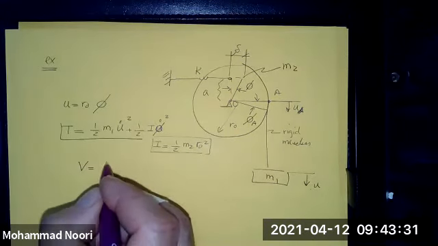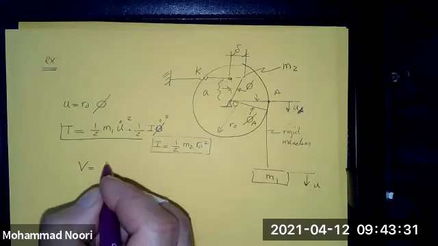So you only have the potential energy of this spring, which is 1/2 k delta squared. But delta was a phi, right? So this becomes 1/2 k times a squared phi squared. So that's the potential energy. So all I need to do now is set up this equation: take the time derivative of T plus V equal to 0.